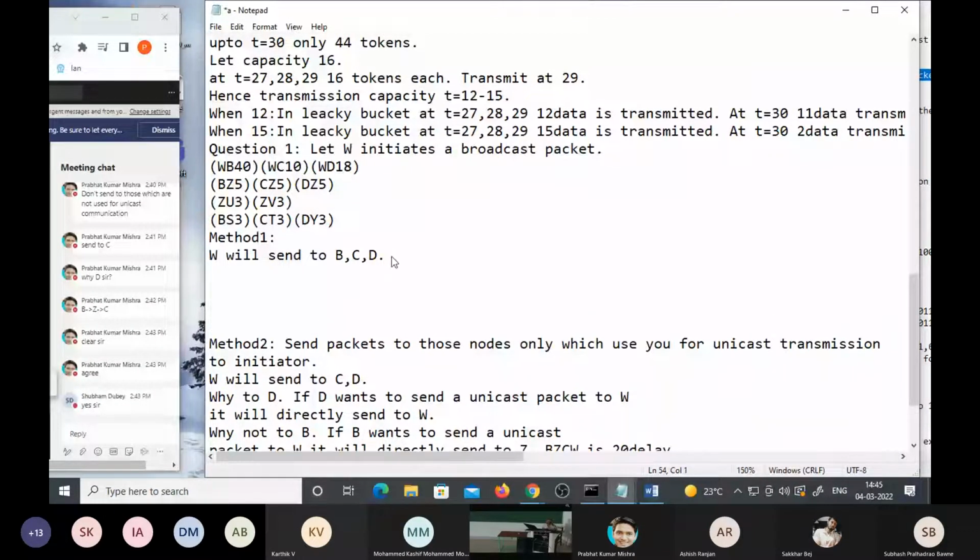B will send to Z and S. C sends to Z and T. You should type it.